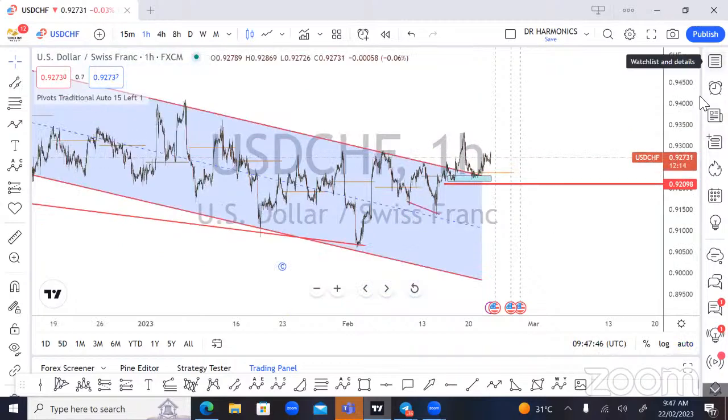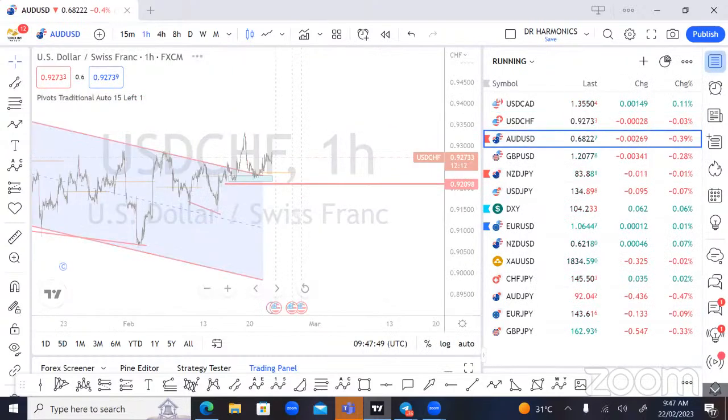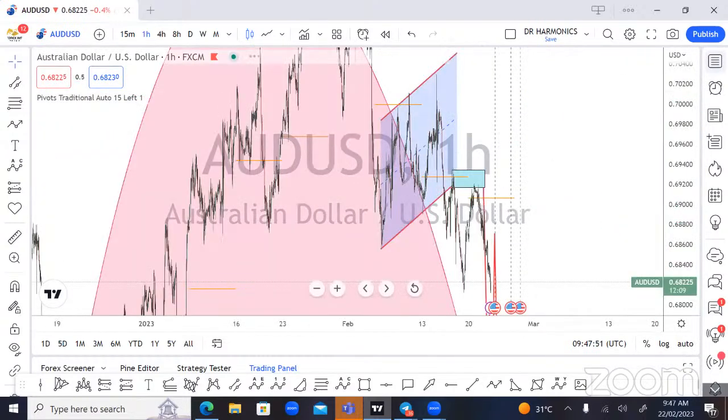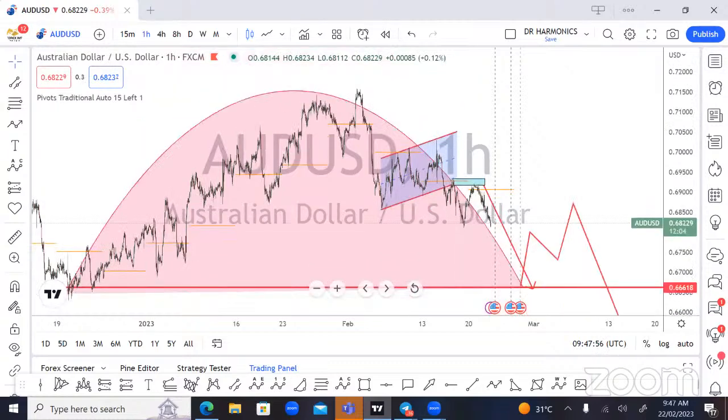That's USD CAD. AUD USD too. Finally, you can see what we did. I think it's still following our trend. It will also form an inverse cup and handle, then drop.